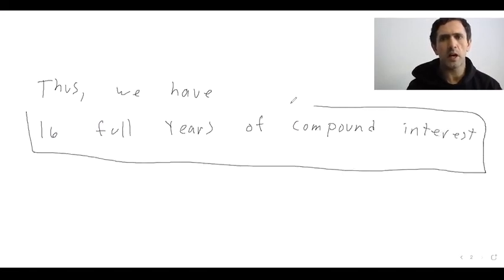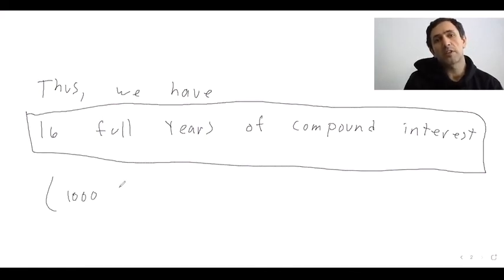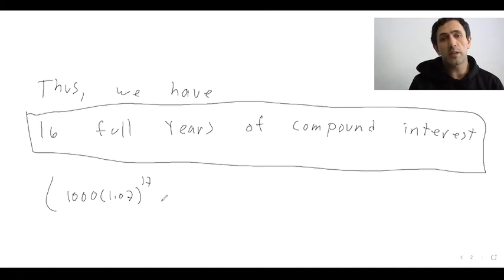So in particular, let's see what happens if we let this $1,000 sit for 17 years. Certainly if we let it sit for more than 17 full years, we'll just get more money. If we have money in the account for more than 16 full years, then we're going to have more than $3,000, and that's the problem, is that once we hit 3,000, we withdraw all the money.